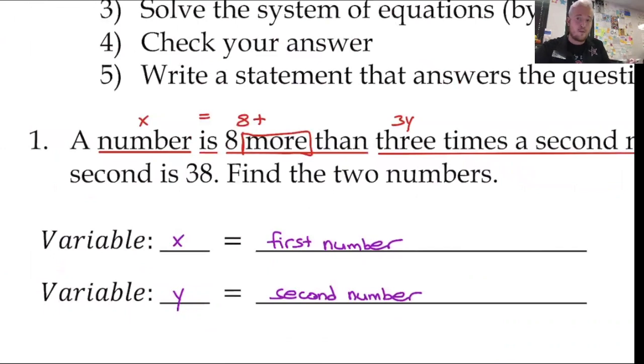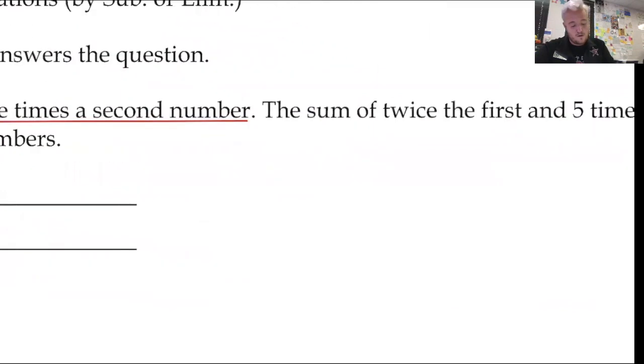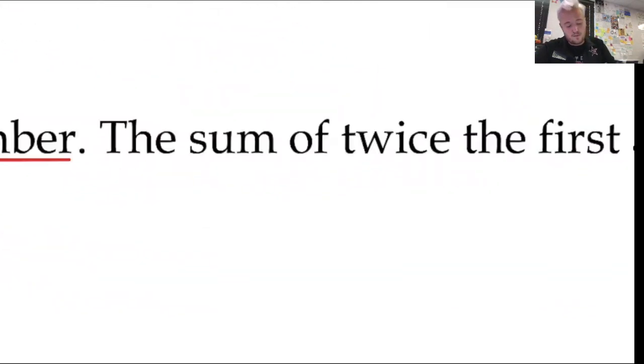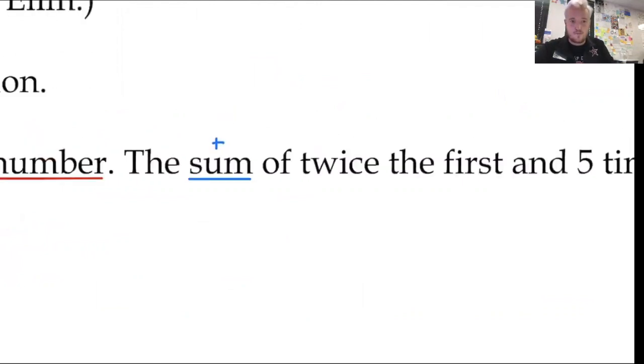Now I need to look at my other equation, because remember, a system is going to involve at least 2 equations. All right, so now the sum of those numbers. The sum is going to imply addition. I'm using a different color for my second equation.